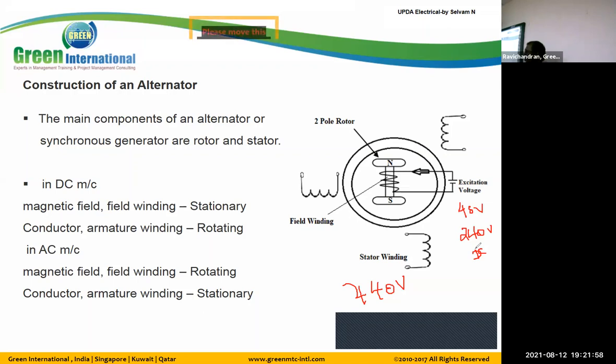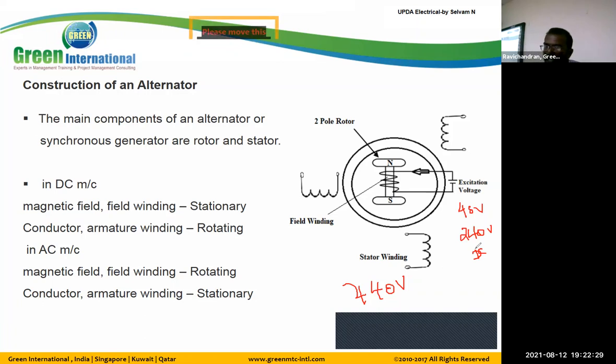So compare, on one hand we have 400 volt DC, on the other hand we have 33 kV AC. So which power supply needs more insulation? Here we have 400 DC volts, here 33 kV AC voltage. So if you have less voltage, we need less insulation.